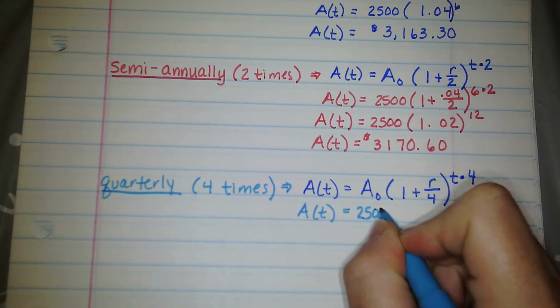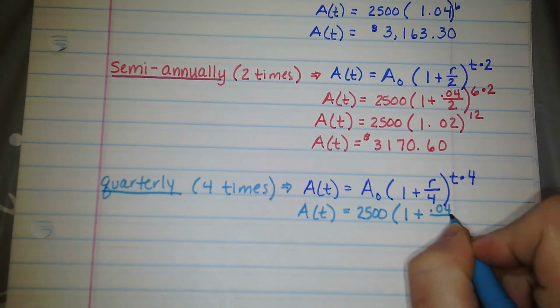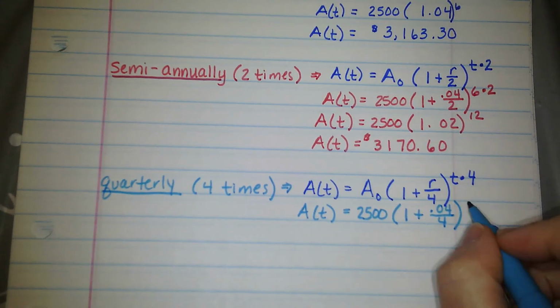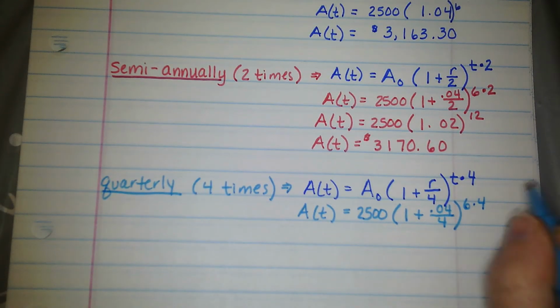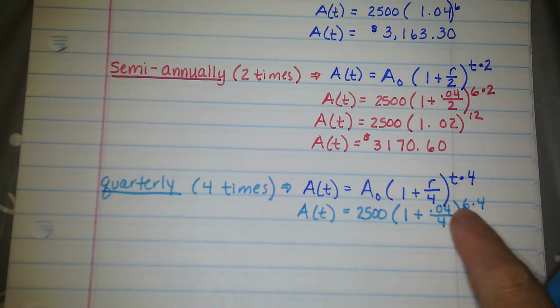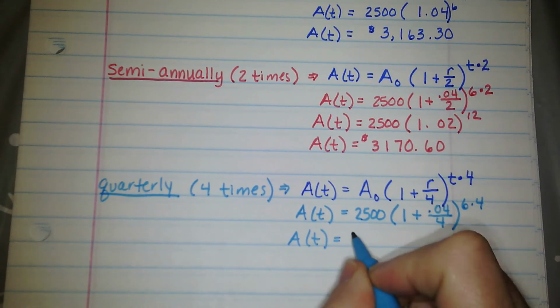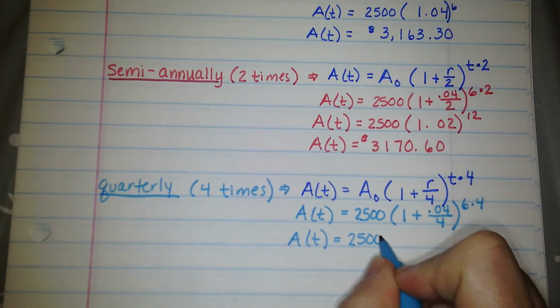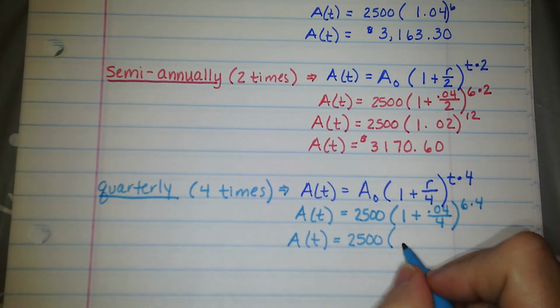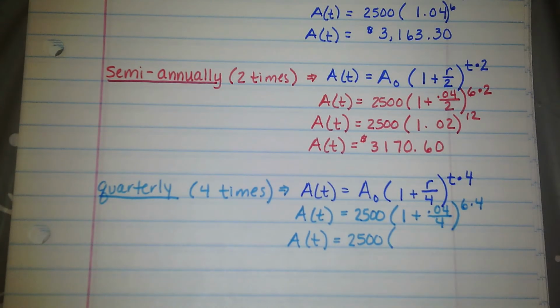2,500. 1 plus 0.04 divided by 4. And this is 6 times 4. 6 years, but we're doing it 4 more times a year. So this is going to end up being 24. Our interest rate is 0.04 divided by 4, and then add 1.